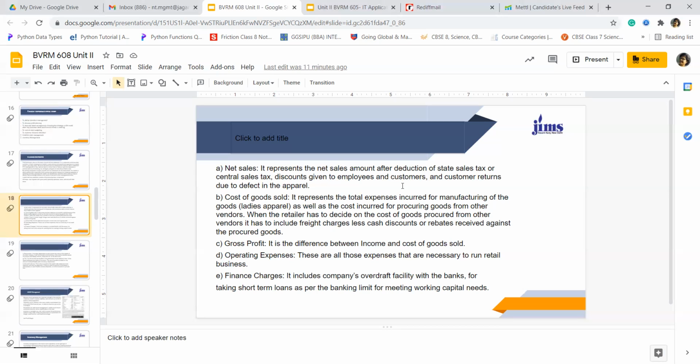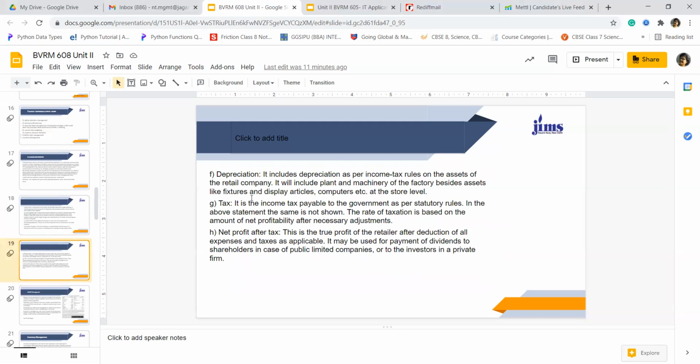Finance charges. It includes the company's overdraft facility with the banks for taking short-term loans as per the banking limit for meeting working capital needs. Then comes depreciation. It includes depreciation as per income tax rules on the assets of the retail company.